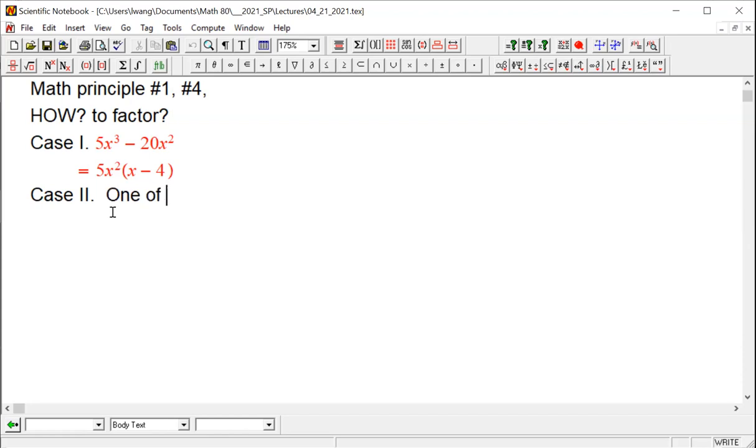One of the simple cases with 3 terms is the quadratic form. It's this form: ax squared plus bx plus c. This is one of the big categories.